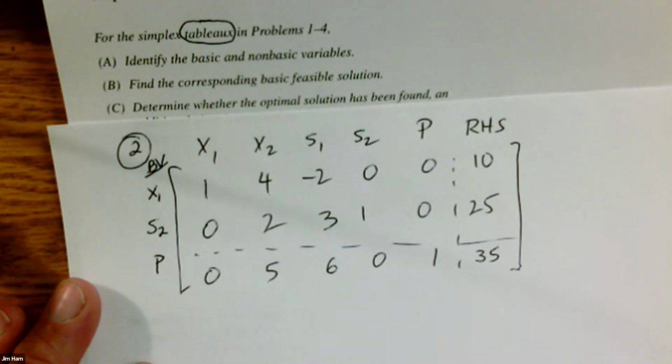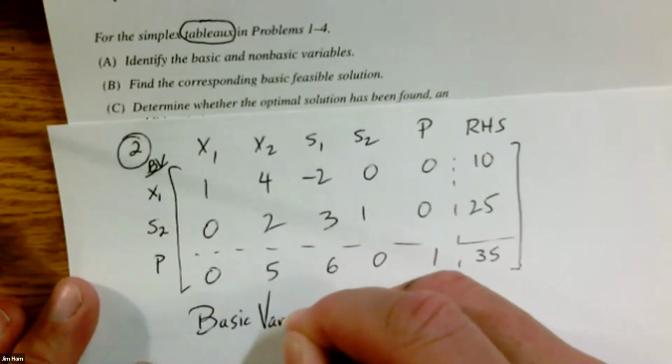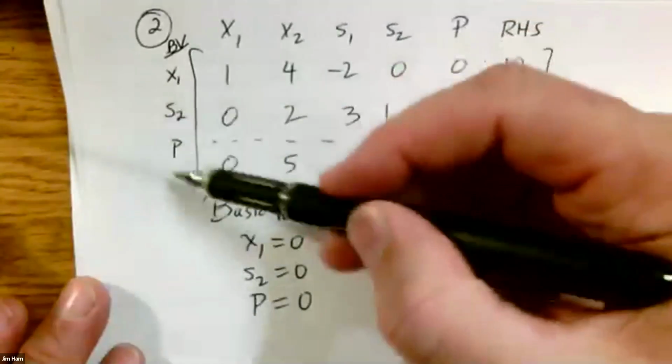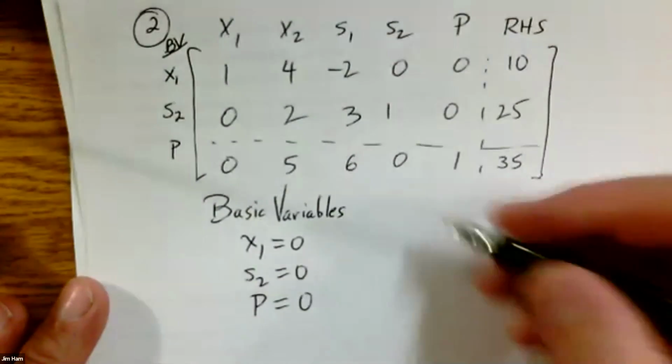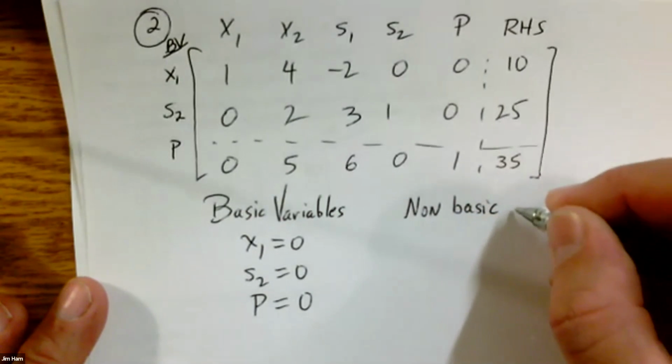So the initial solution is this. We always set the basic variables equal to 0. So x1 is equal to 0, s2 is equal to 0, and p is equal to 0. All the basic variables will be 0. The non-basic variables will be everything else by process of elimination.